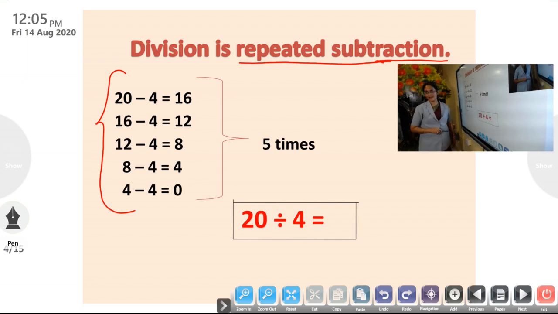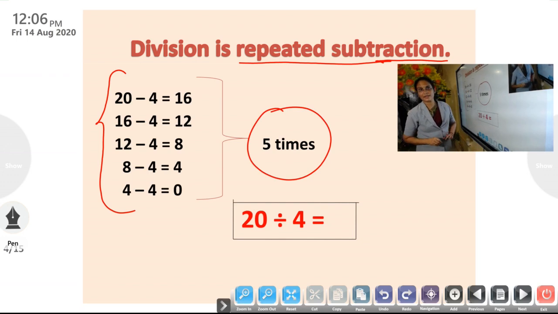So here you can see that from the number 20, 4 is subtracted. How many times? 5 times, isn't it? From the number 20, 4 is subtracted repeatedly, 5 times.